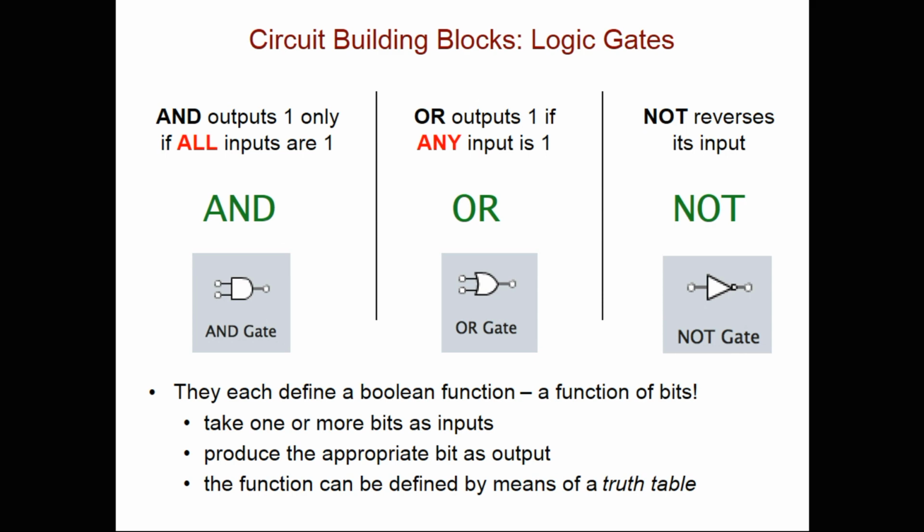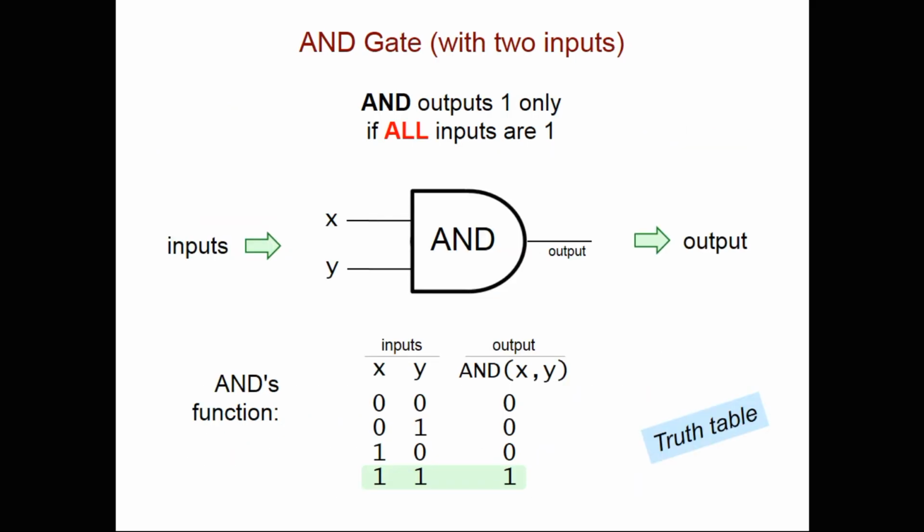Each of these logic gates represents a Boolean function, and therefore they can take 1 or more bits as input. In order to represent the function of these gates we can use a truth table.